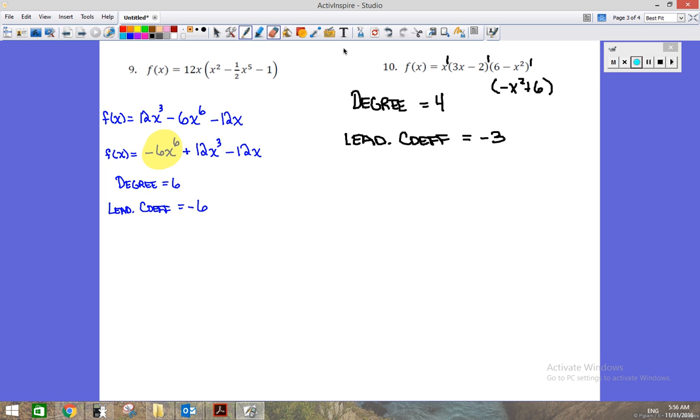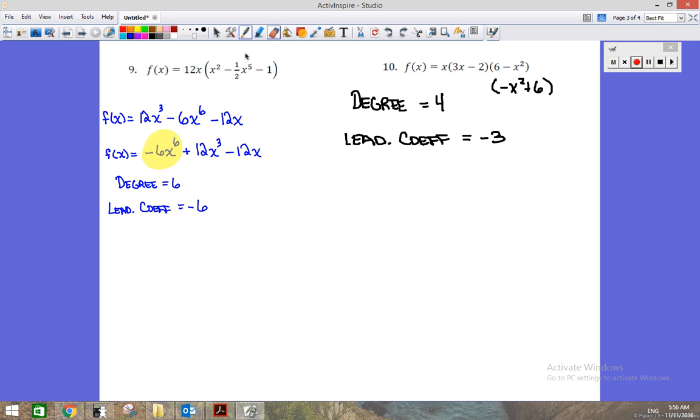Now, if the directions didn't say write it out in standard form, that's normally when we're applying our leading coefficient test, or analyzing this leading term.